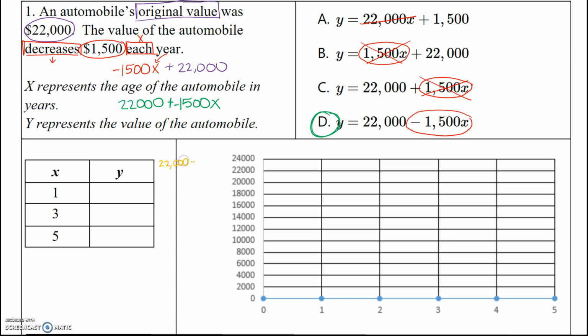So 22,000 minus 1,500x. So now I'm going to plug in 1. So 22,000 minus 1,500 times 1. So 22,000 minus 1,500. If I subtract, then that gives me 20,500, right? 20,500. So I'm going to plug that in here.